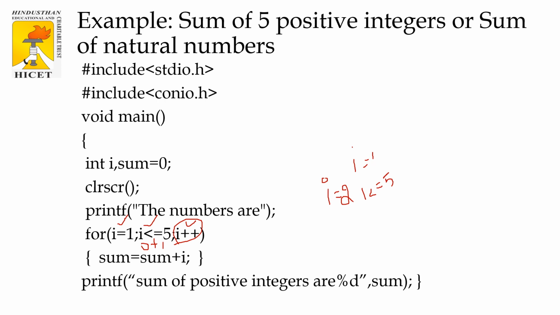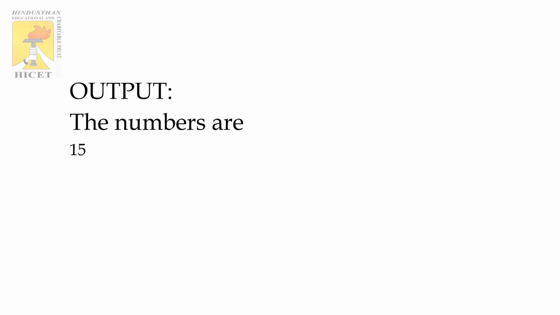So sum equal to sum plus i. Already sum equals 1, so sum plus i, 1 plus 2, sum equals 3. So this process will be executed until the condition is no longer satisfied. Here is the output of the previous example. Finally, we got the answer 15.